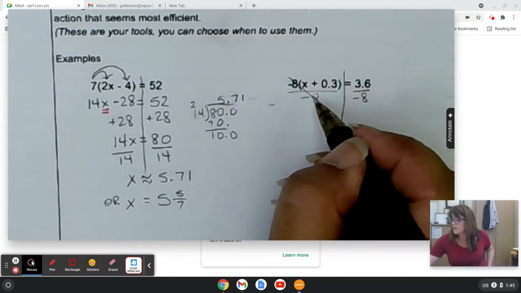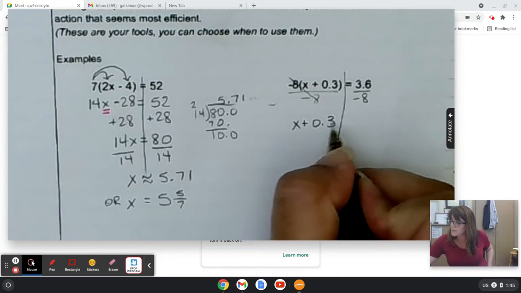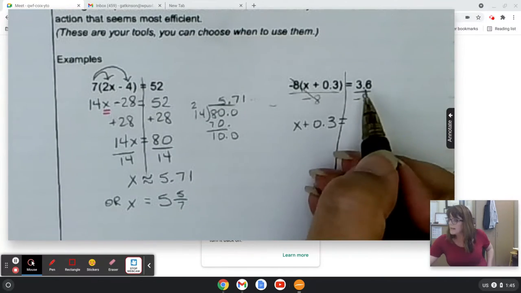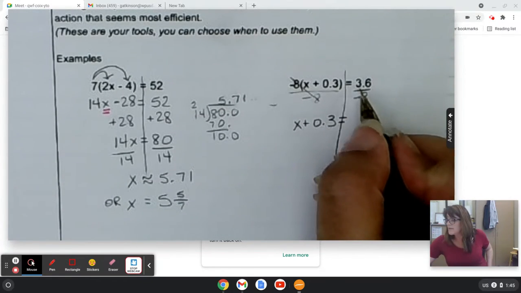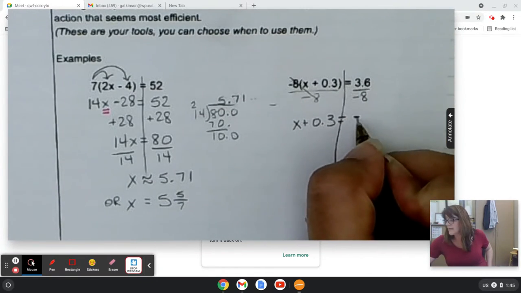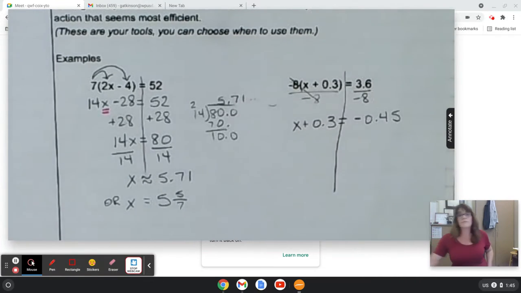These cancel each other out. So I have x plus 0.3. And then 3.6 divided by -8. Positive divided by a negative is negative. Boom.